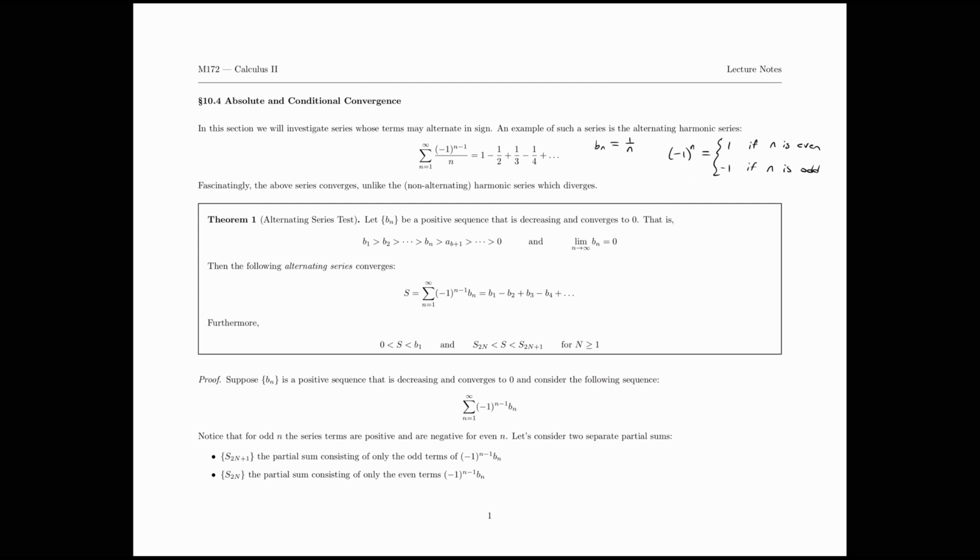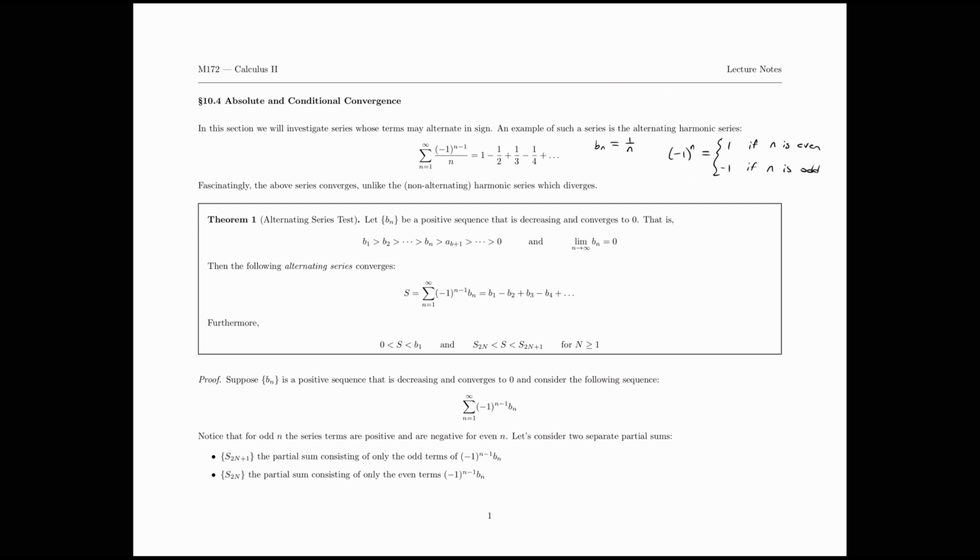So what makes this number 1/3 is 1 over n when n equals 3. But what makes this sign positive is the fact that this (-1)^(n-1), when we evaluate it at n equals 3, we get (-1)^(3-1), so (-1)^2, which is +1.